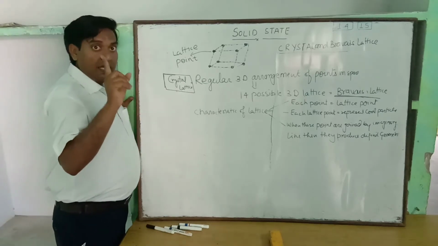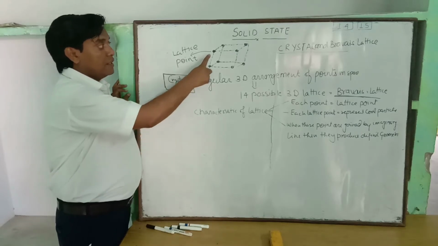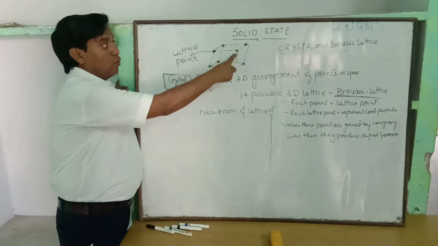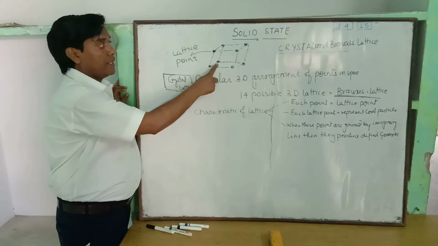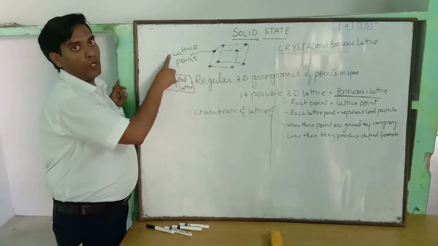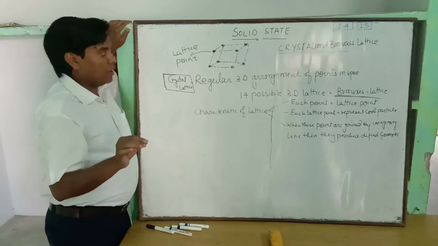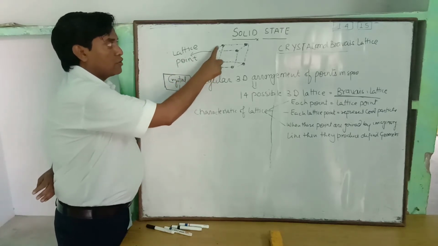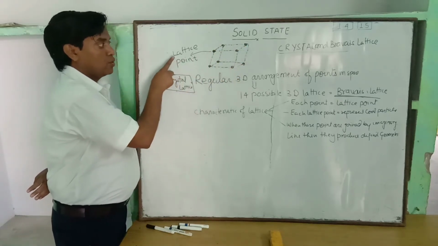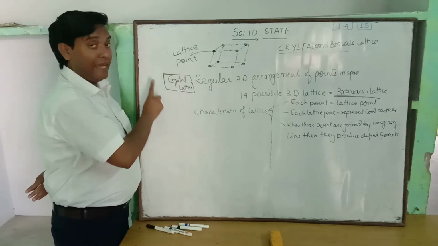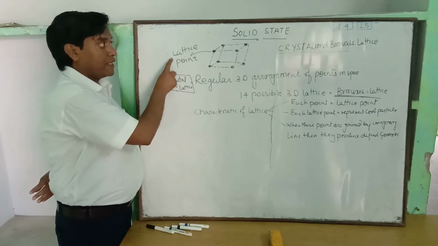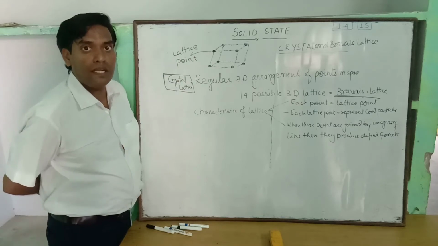In each crystalline solid, those points where a constituent particle is located are known as lattice points. Put in your mind that in a crystalline solid those points where a constituent particle is located are known as lattice points, and on the basis of lattice points we can define the crystal lattice.